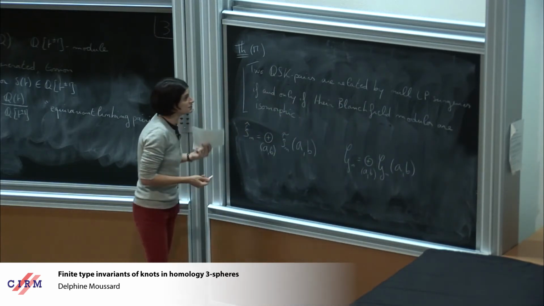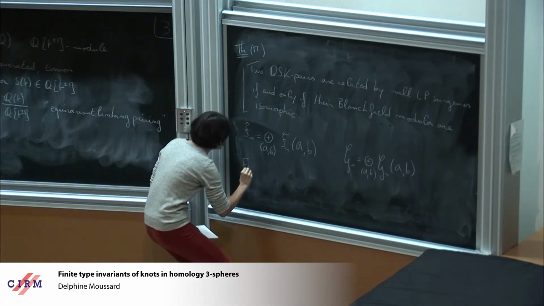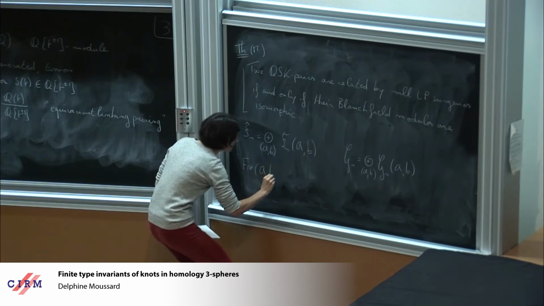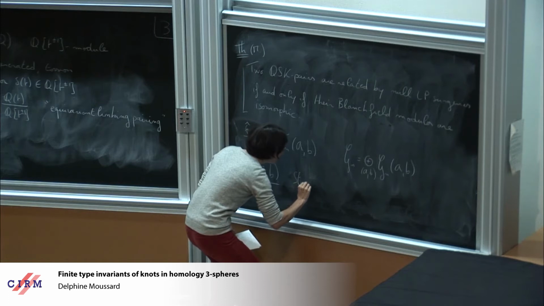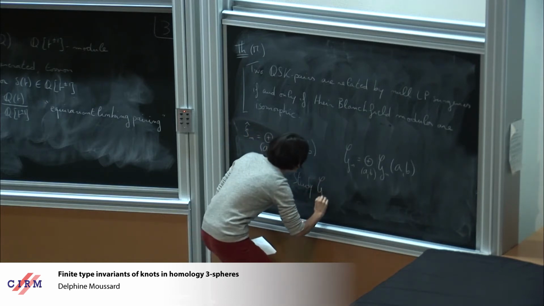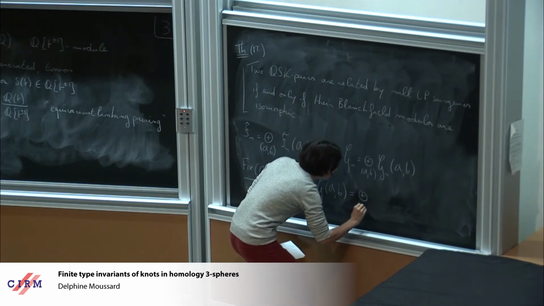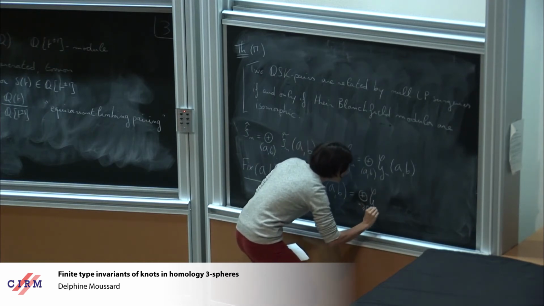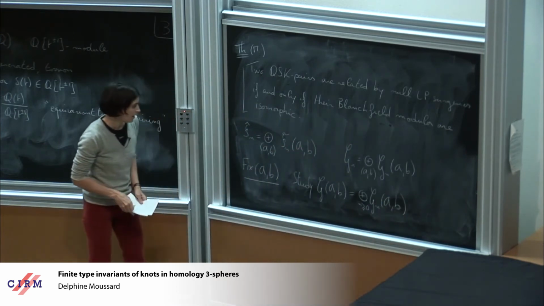So now to study our graded space, we fix the Blanchard module (A, B). And we study the graded space G_AB, defined by all the G_n(A, B).